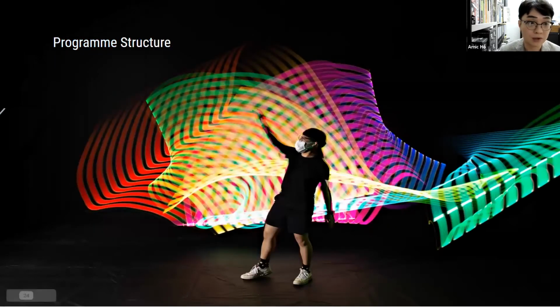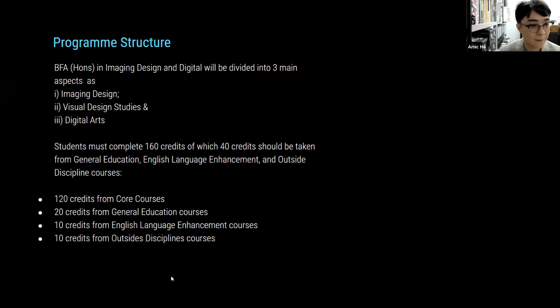So our program structure, you may be interested to know what you will learn in our program as well. As mentioned, we have three different aspects: imaging design, visual design, and digital art. And altogether, you have to study about 160 credits. In between the 160 credits, 120 credits will be from our core courses.